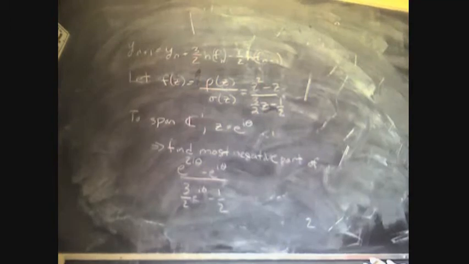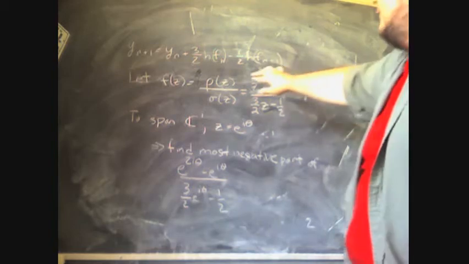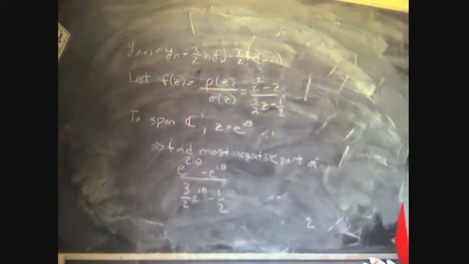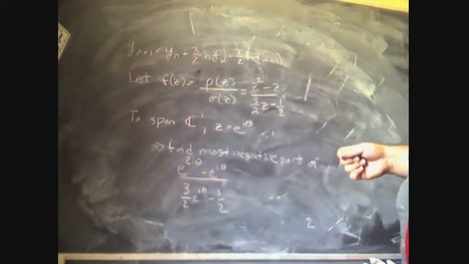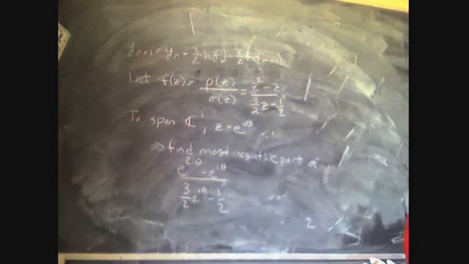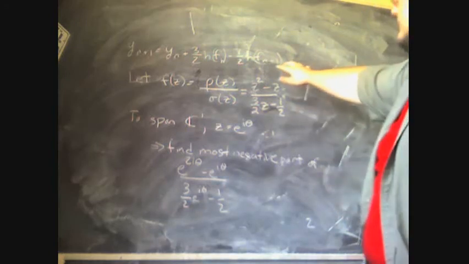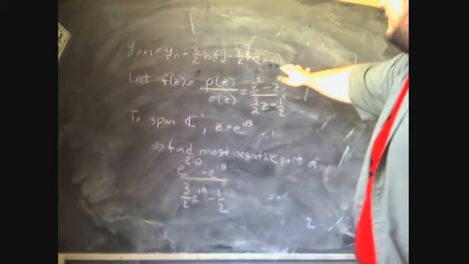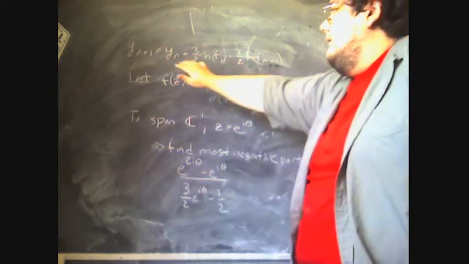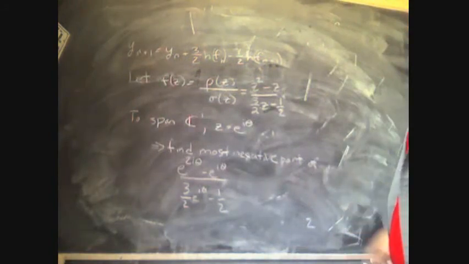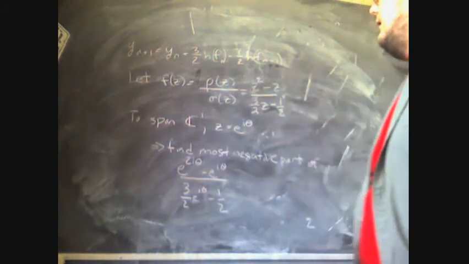The region of absolute stability is defined by this function, rho of z over sigma of z, where rho and sigma are polynomials based on the coefficients up here. It's a little complicated to explain, but basically take the earliest term and set that as your base, and then for the next term you would have a z power, for n plus 1 you would have a z squared power, etc. And then you just include the coefficients that are in the front here.